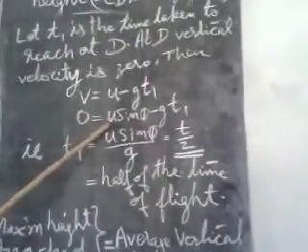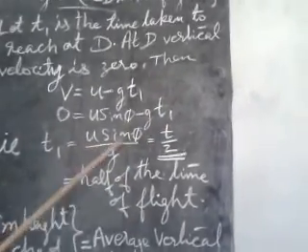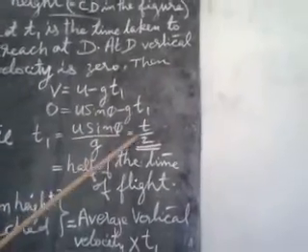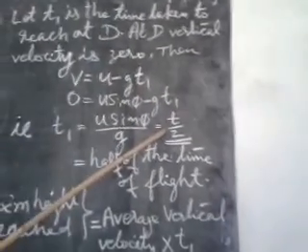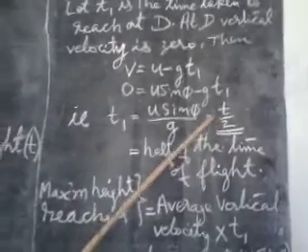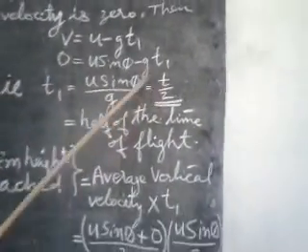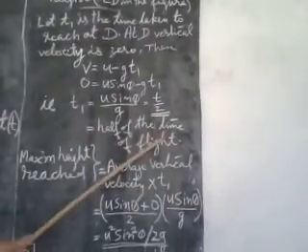Then u sin theta is the initial vertical velocity minus g t1. So t1 equals u sin theta by g, which is half of the time of flight T. So t1 equals T by 2.